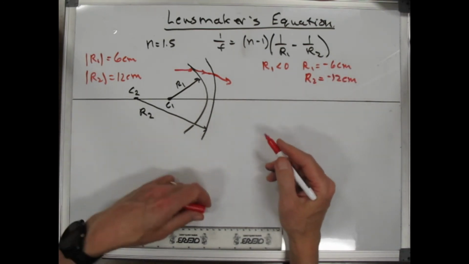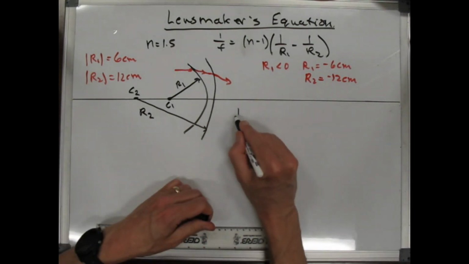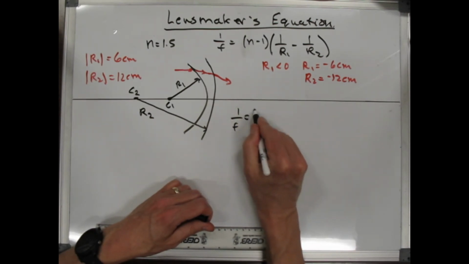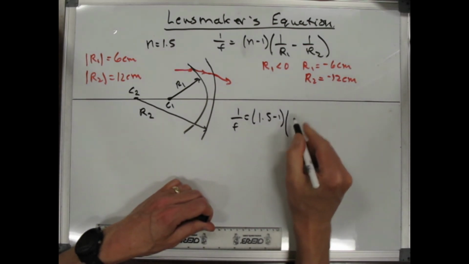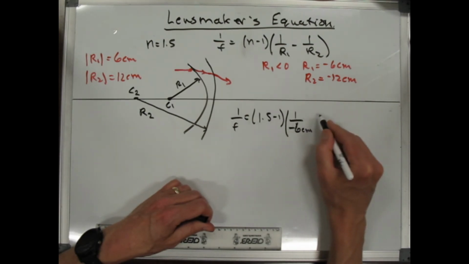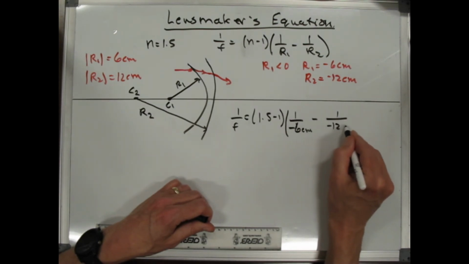Right. And now all I have to do is evaluate. I can take this formula, 1 over f is equal to n minus 1, so that's 1.5 minus 1, times 1 over minus 6 centimeters, minus 1 over minus 12 centimeters.